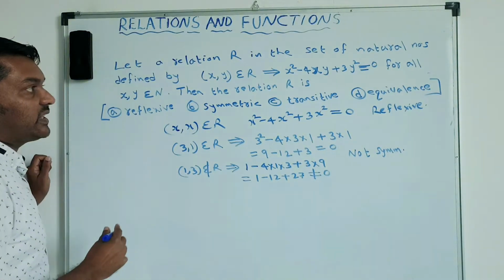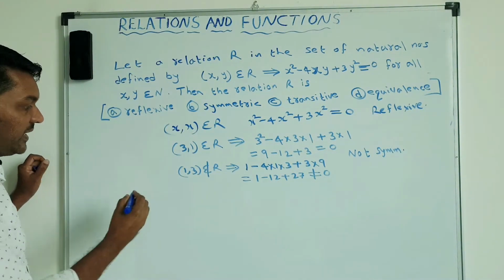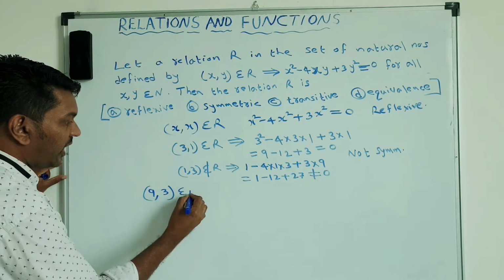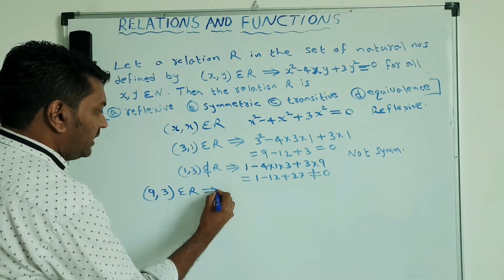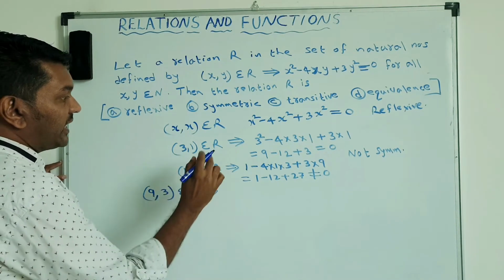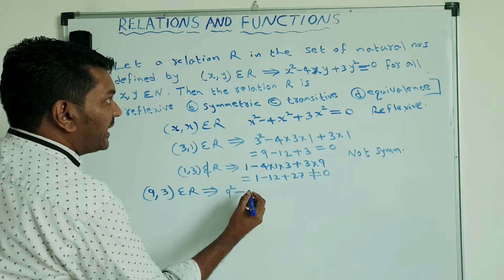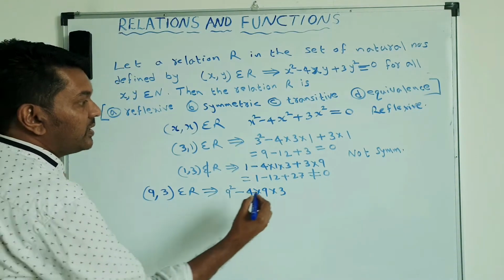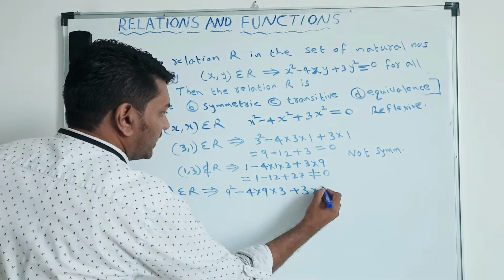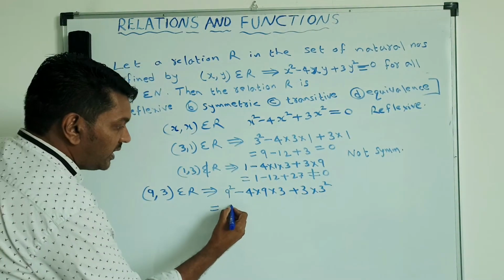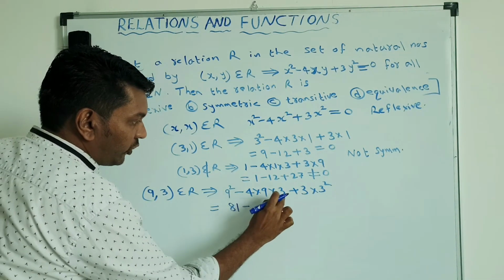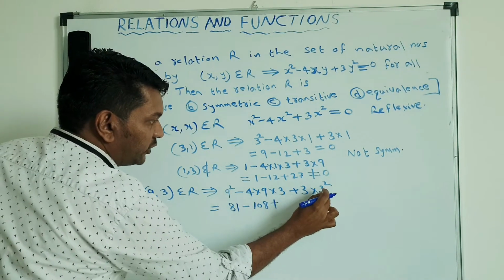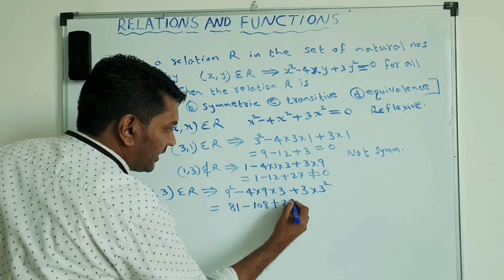Now I am checking whether this is a transitive relation or not. I am taking an example. (9, 3) is an element of R. I am checking. (9, 3) means substitute x as 9, y as 3. So 9 square minus 4 into 9 into 3 plus 3 into 3 square. 81 minus 4 into 3, 12 into 9, 108 plus 3 into 3 square, 3 into 9, 27.